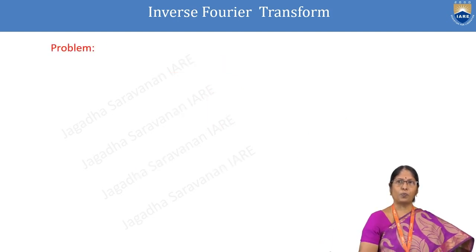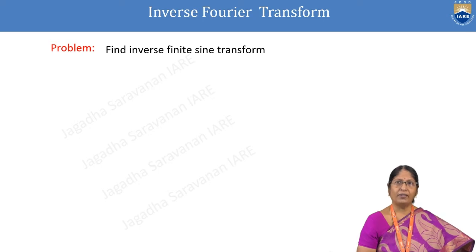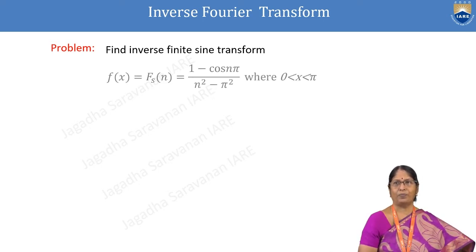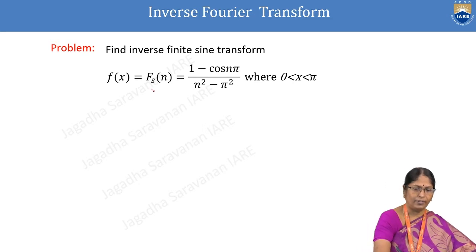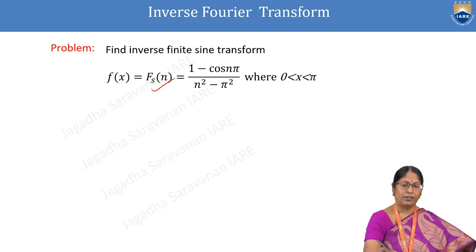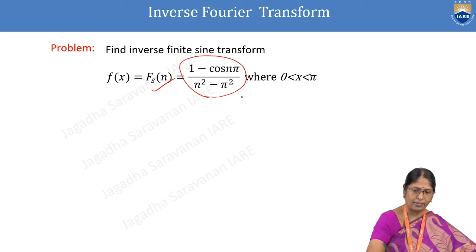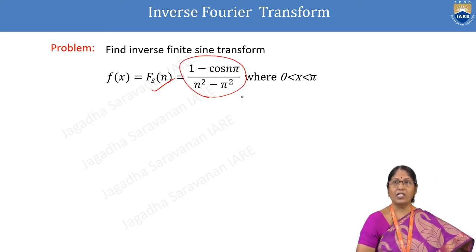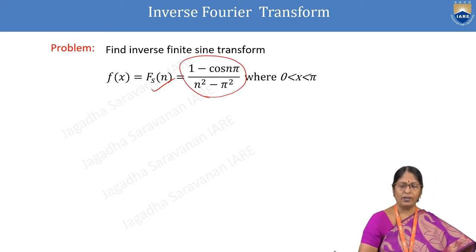We will do one more problem. Find the inverse finite sine transform. Here the Fourier sine transform formula has been given, that is 1 minus cos n pi by n square minus pi square, where x lies between 0 to pi.